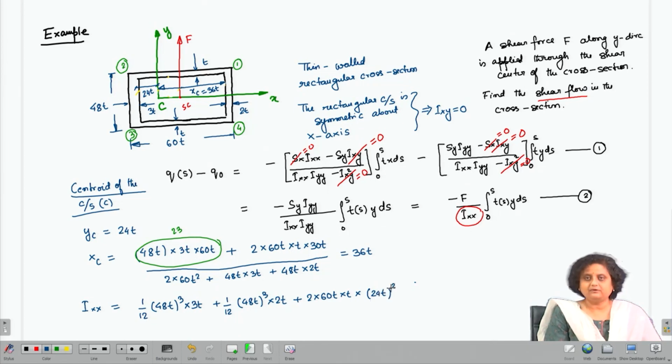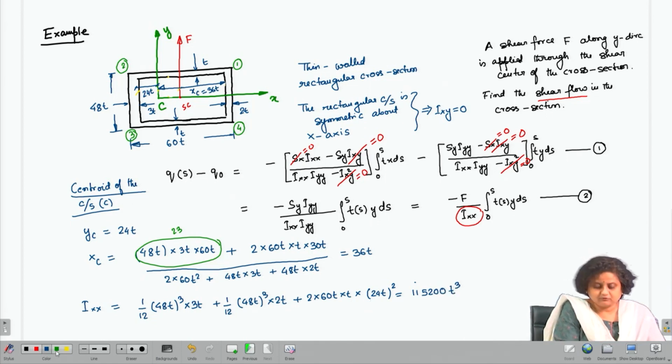If we evaluate this, this is going to turn up as 115,200 t cube.